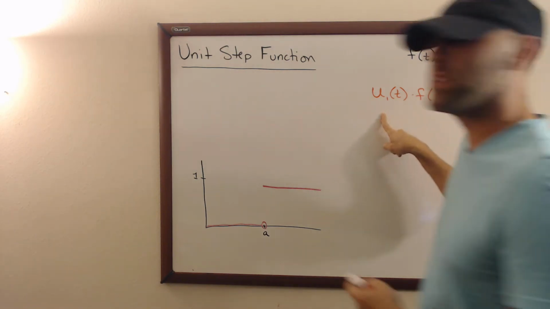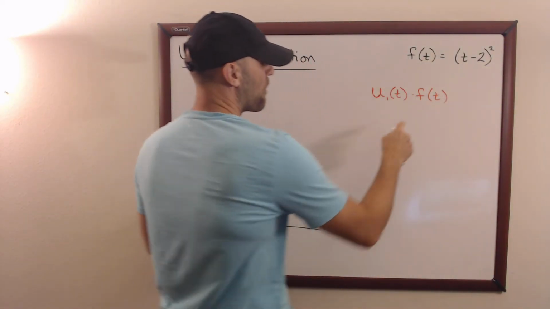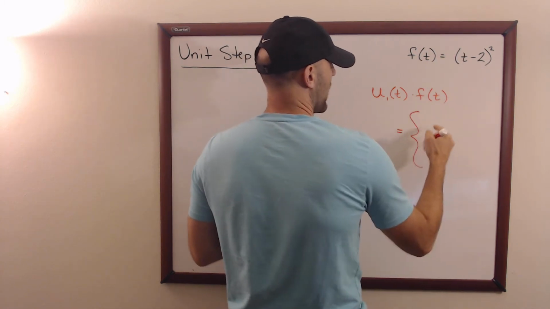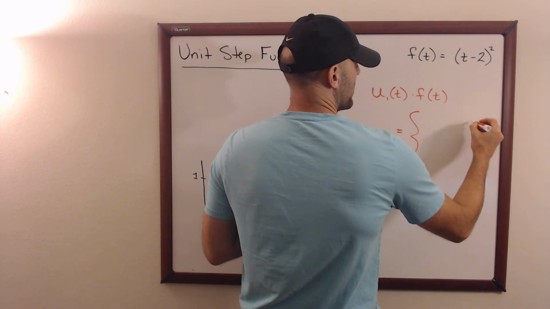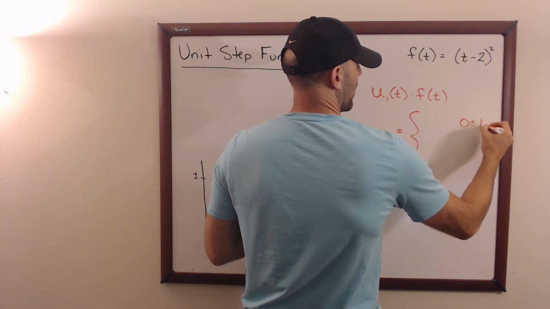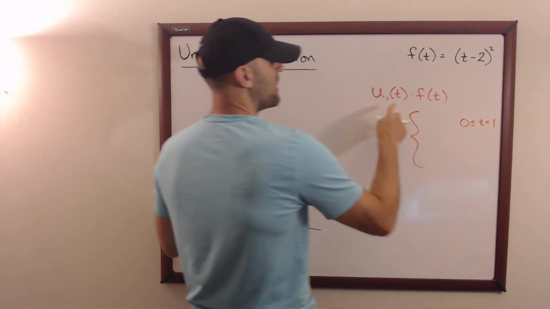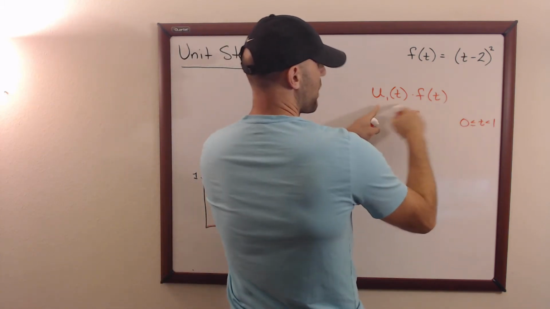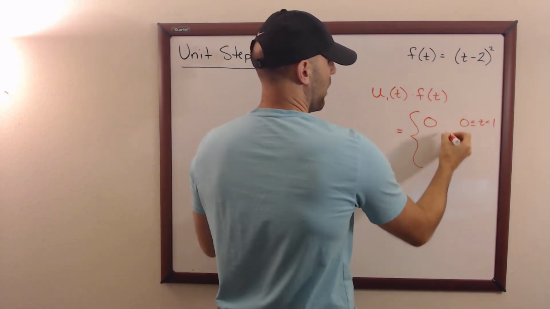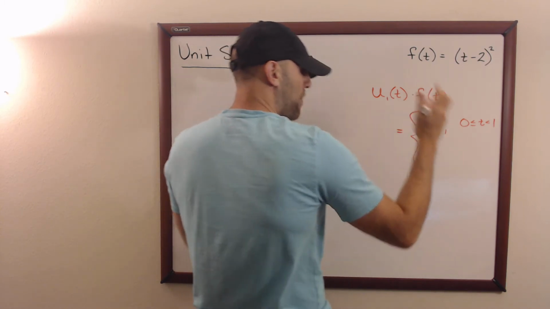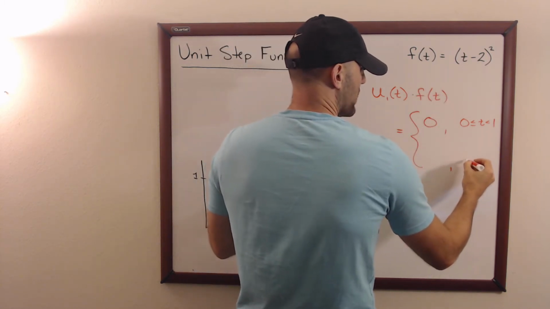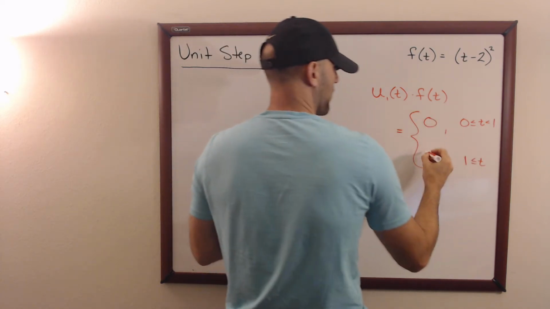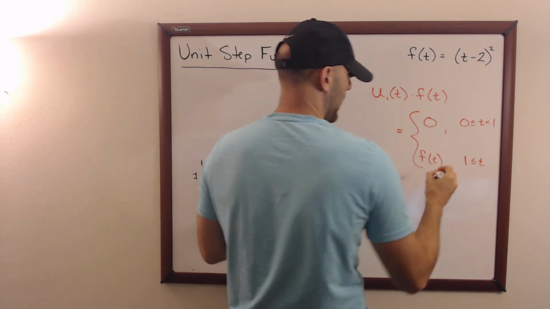So if I were to write this as a piecewise function, when t is between 0 and 1, this is 0 times f of t, which is just 0. But when t is greater than 1, it's 1 times f of t, which is just f of t.